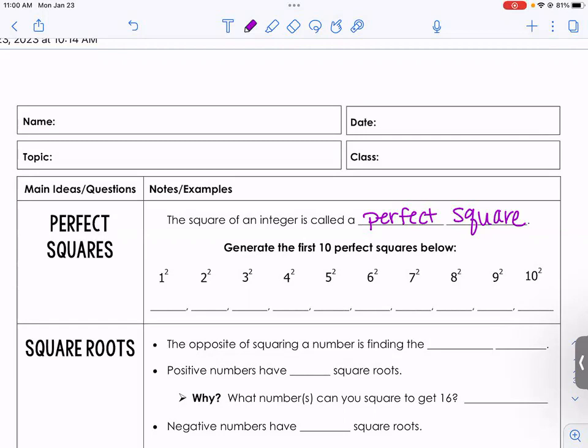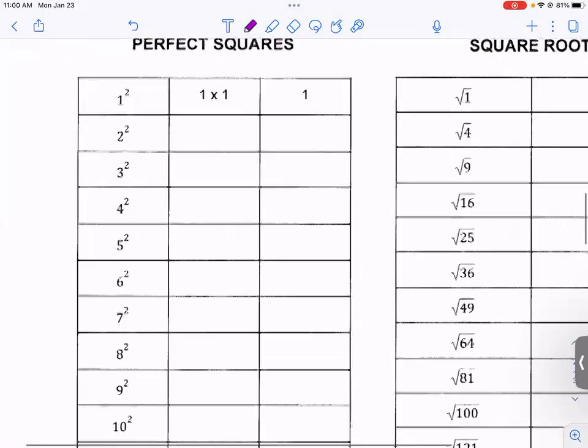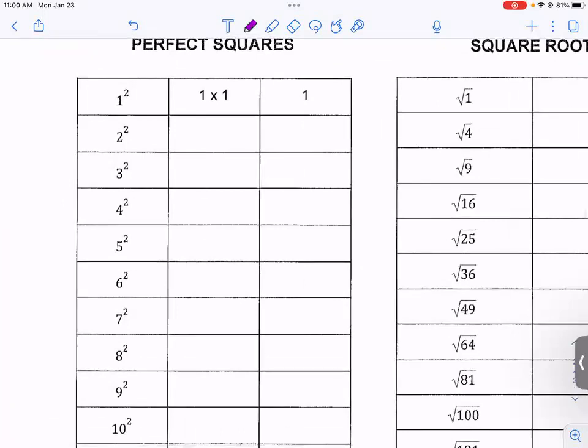We are gonna turn to page 3, and it should look like this. Okay, so 1 squared means 1 times 1, which is 1. 2 squared, this little exponent, means 2 times 2, which is 4.